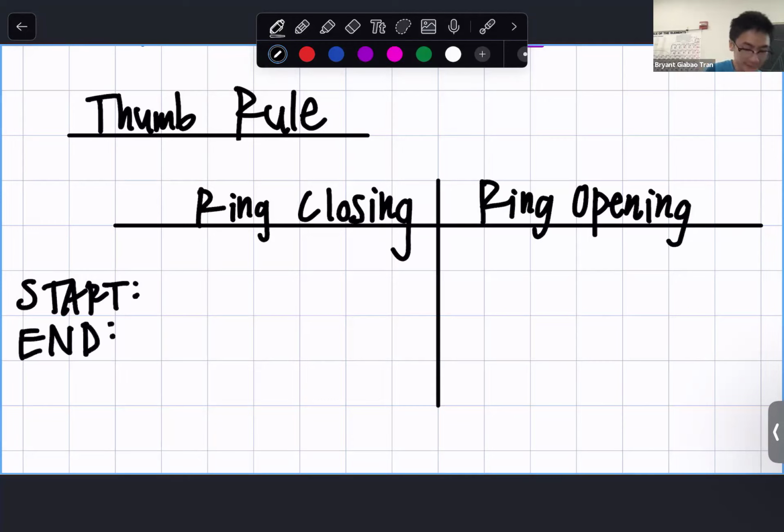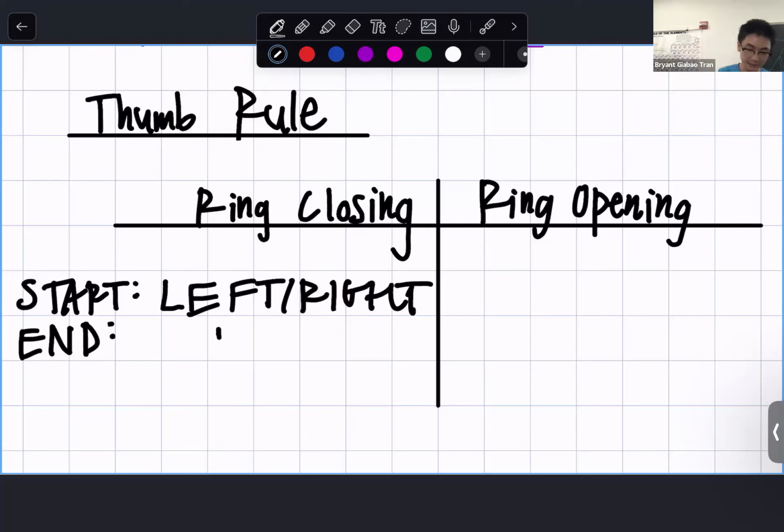And these will help you predict the stereochemistry of these groups that rotate after the ring closing or ring opening. When you're ring closing, you're going to start your thumbs either in the left or right direction and end in the up or down direction, which shows you if the groups are wedge or dash. If your thumbs are going up, they're wedge. If your thumbs are going down, they're dash.